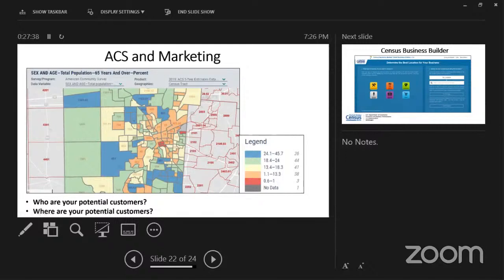They have the most, 24 to 45% of 65 and over. So I could actually look at any ACS variable I want on a map to see where it's greatest, for instance.